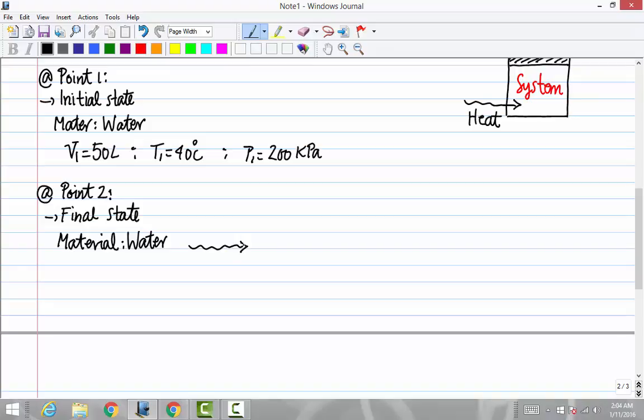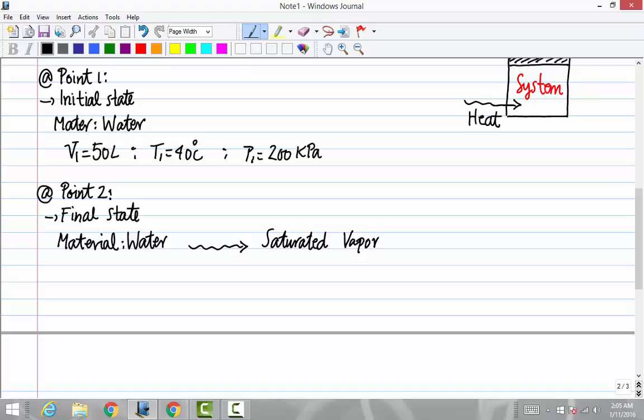At that point, we have saturated vapor. If we add more heat, we just warm up the vapor and end up with superheated vapor. But in this example, we are not doing that. We stop adding heat when the entire liquid is vaporized. So it means that the state is saturated vapor.